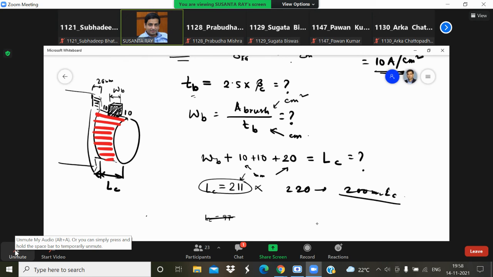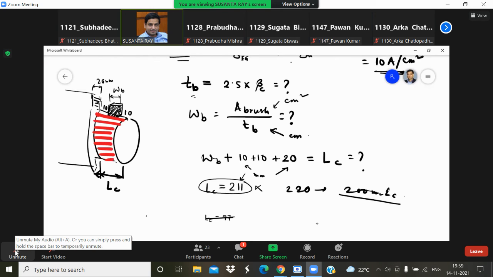The iron loss calculation is a little bit different, because iron loss depends on how much volume of iron, what is the weight of the iron you are using for the machine. So the weight of the iron in the machine, you can calculate part by part. Suppose for the core, the dimension of the core is there.